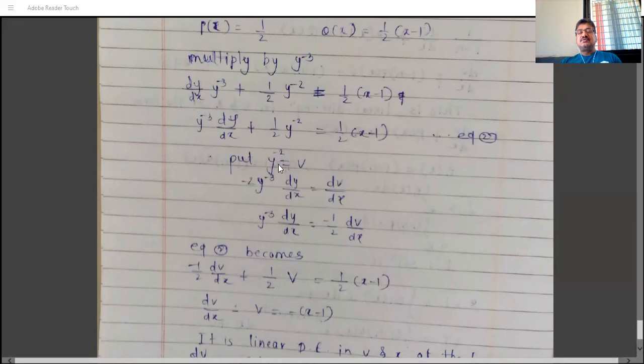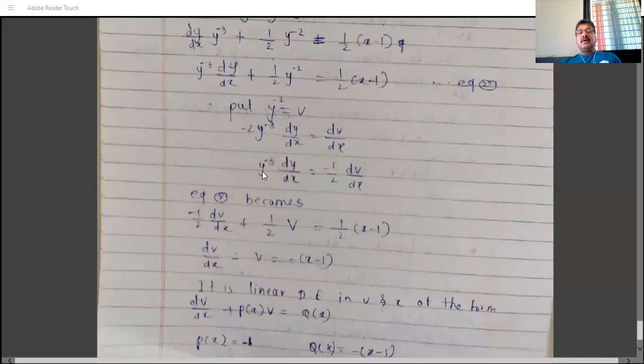Applying the rule n x raised to n minus 1, we get minus 2 y raised to minus 3 into dy by dx is equal to dv by dx. And so y raised to minus 3 dy by dx is minus 1/2 dv by dx. So we substitute y raised to minus 3 dy by dx as minus 1 by 2 dv by dx.